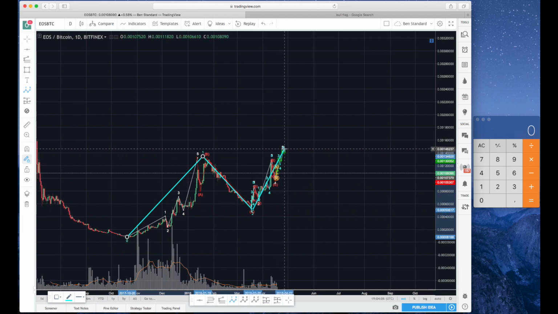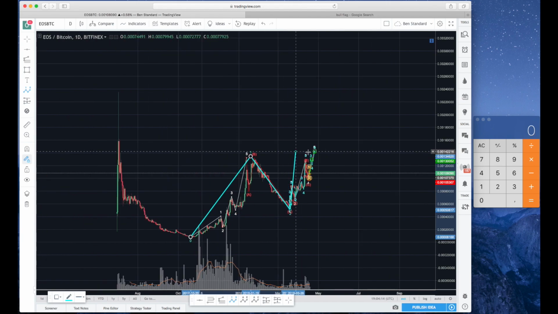And now you may ask yourself, but what if this can't be the third wave, because the third wave needs to be longer than the first wave. So this would probably be the first subwave of the third wave.